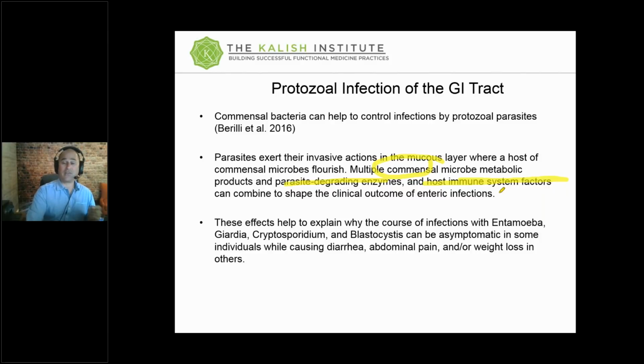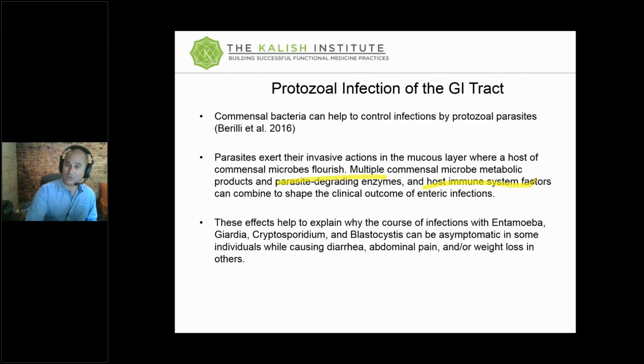And in fact, if you ever have a patient that has recurring Candida, recurrent Cryptosporidium infections, they have H. pylori, it keeps coming back and causing them problems, it's almost certainly going to be because you don't have the microbiome figured out yet. And so you don't have these parasite-degrading enzymes.